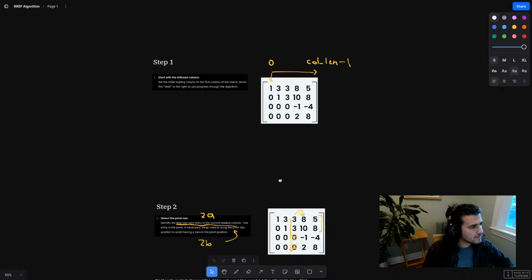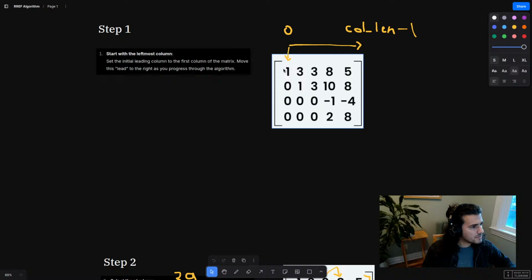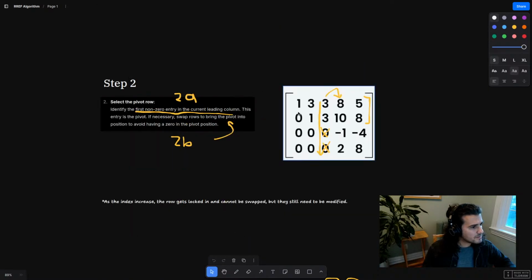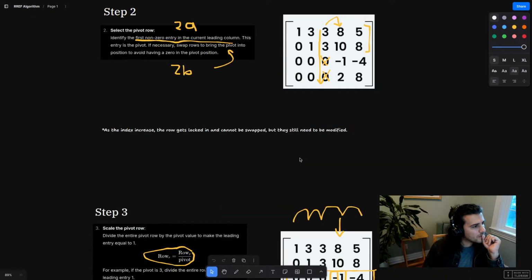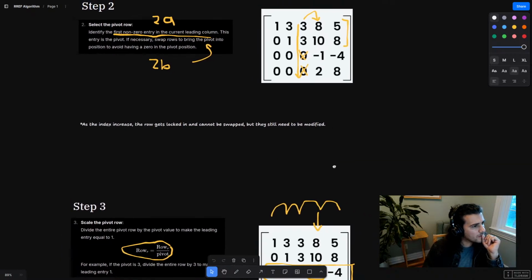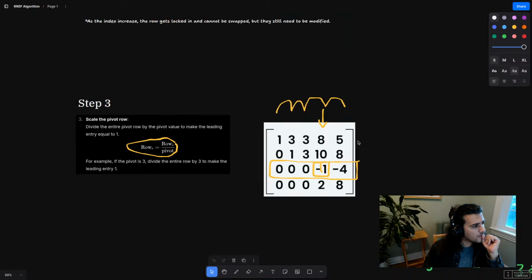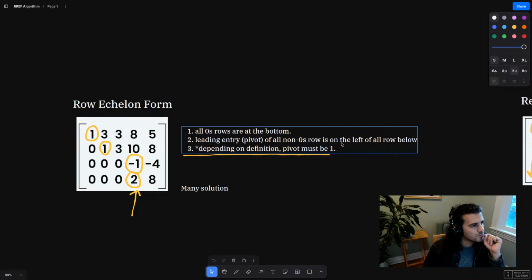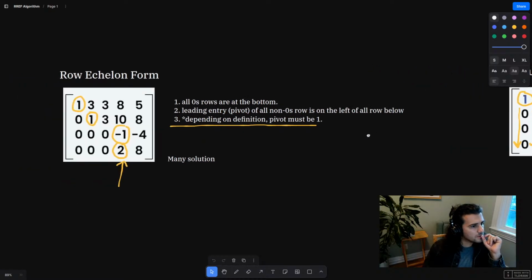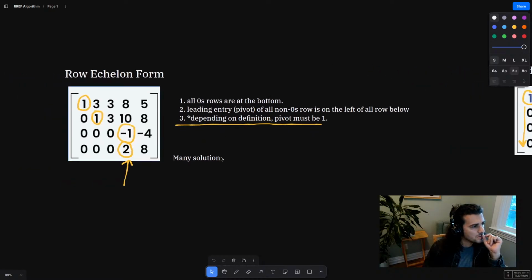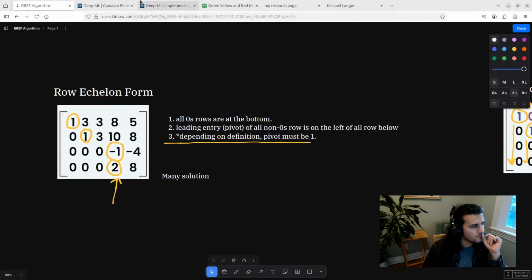Here, and then we started here, select the pivot row, and then we shifted stuff around. But we don't need to go into reduced row echelon form here. It doesn't matter. We just need to go into row echelon form.